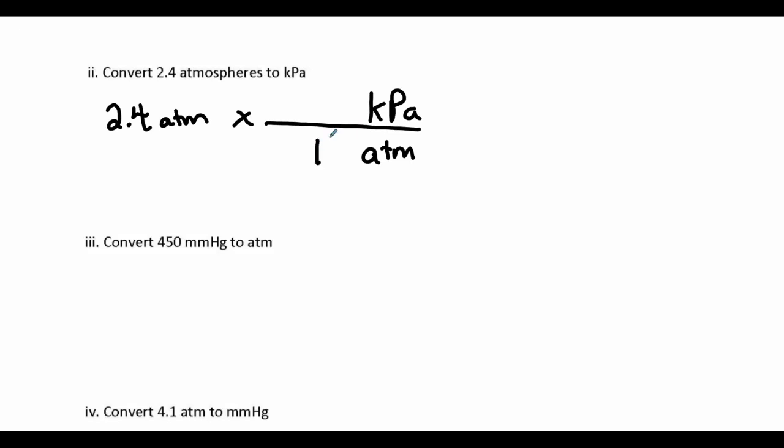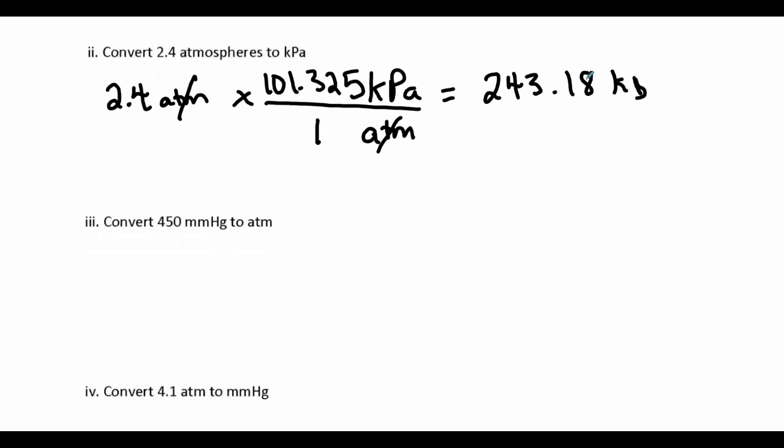We know that in 1 atmosphere, we have 101.325 kPa. Okay, so atmospheres cancel, and I'm just multiplying 2.4 by 101.325, and that gives me 243.18. Always make sure, that's kind of messy, you put your units in.